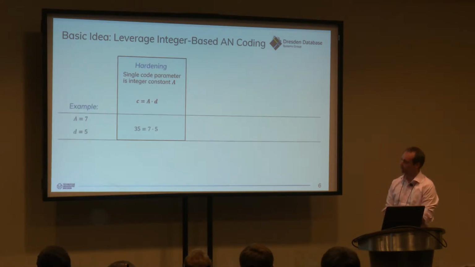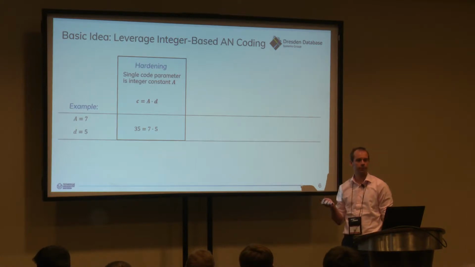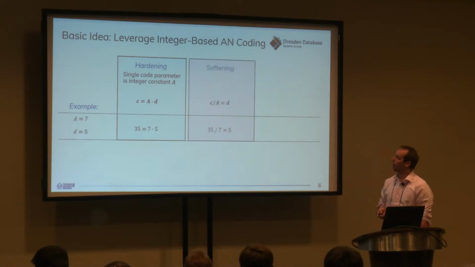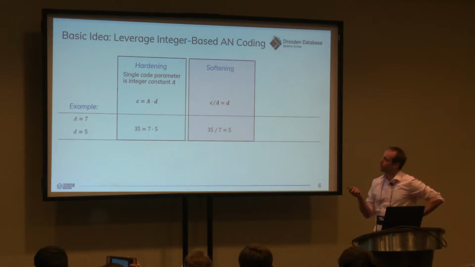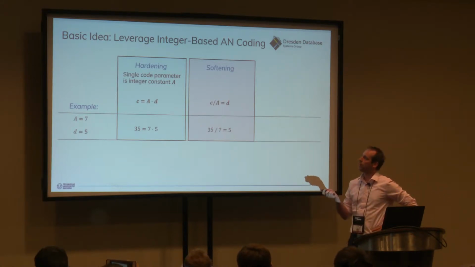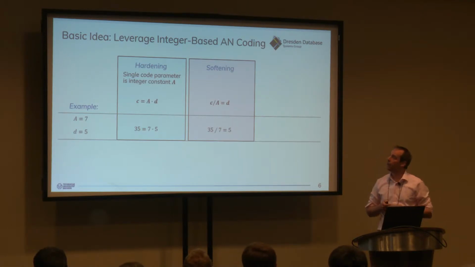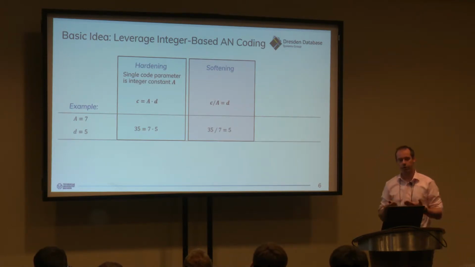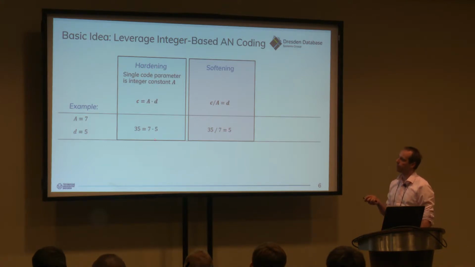We have a constant A equals 7, and the datum 5, and the code word then is just 35. We call this encoding step hardening, to distinguish it from other domains like compression or security. The reverse operation we call softening, and that's simply dividing our code word again by the constant. So 35 divided by 7 is 5 again, which is our original data.